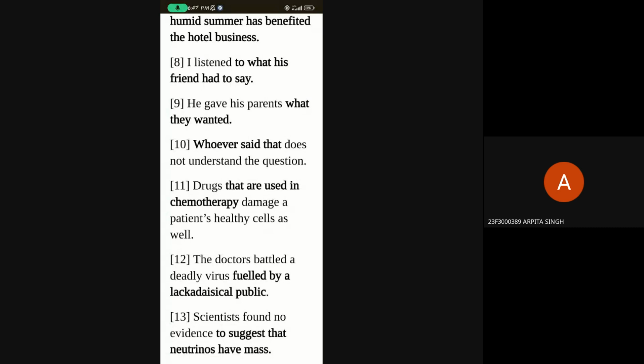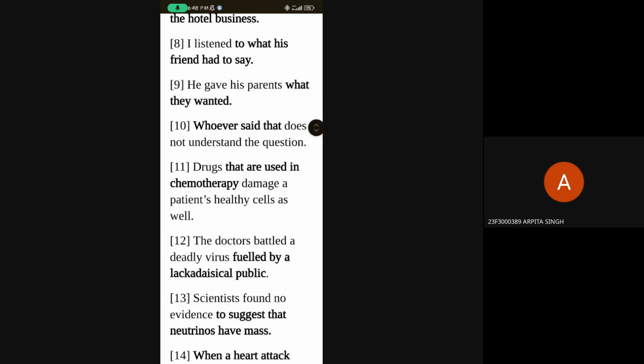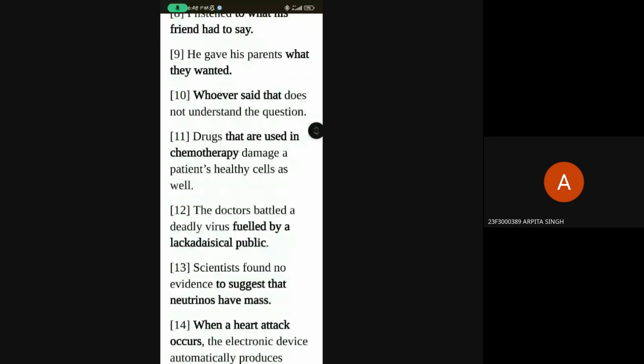That's why it's also bolded. But say, I listened to what his friend had to say. Ma'am, noun clause it is. Yes, this is also a noun clause, you're right, because again, it is occupying the place of the object. You can replace that whole part with something else that is nominal or noun-like. So again, a noun clause. Any doubts or questions as of now? No, ma'am.